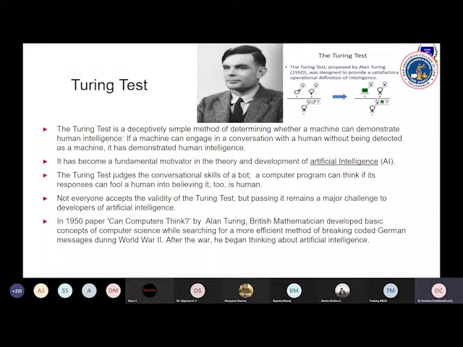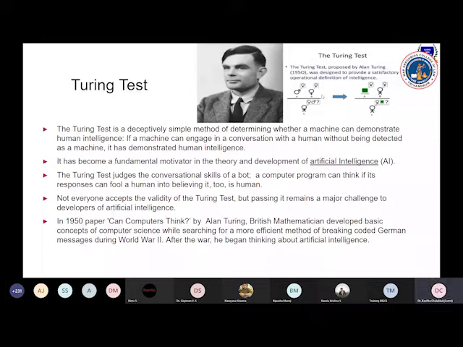Here, a person sits in front of a curtain or a screen, and a machine and a person are sitting on the other side of the curtain or screen. So there is no visibility. The person, C here, doesn't know who is sitting behind, but he is asked to converse and interact with these two, and he has to identify who is a human being and who is a machine.